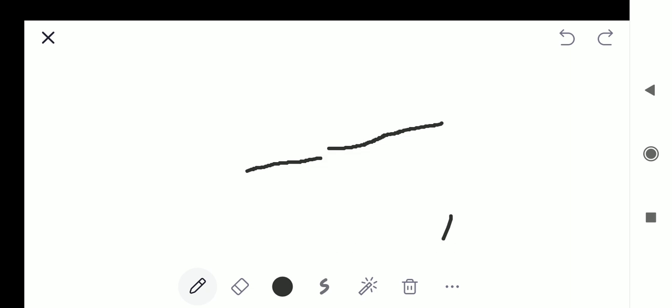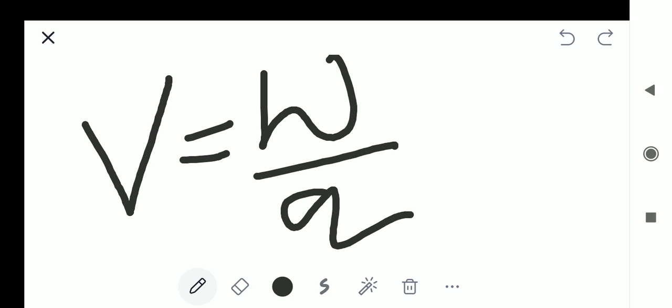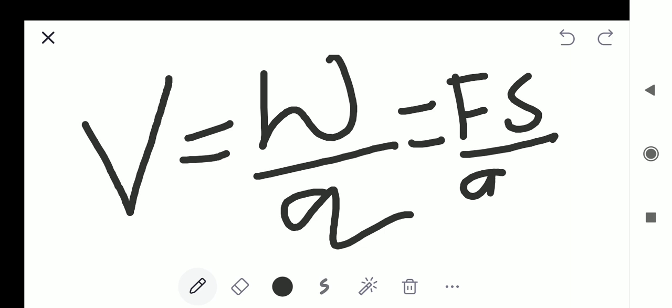Let's see what the dimensions of the electric potential are. Electric potential V equals W by Q. What is V? V is nothing but Fs by Q. Then what is F?